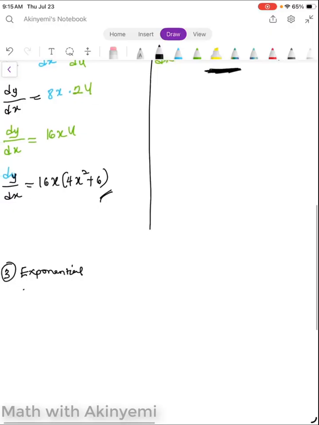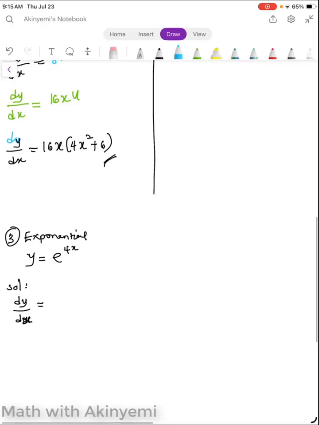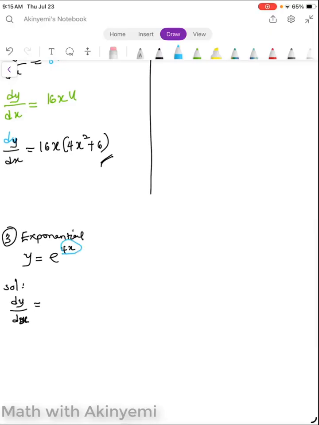So we have y equals e to the 4x. The solution to this, dy over dx, equals, we differentiate the exponent first, which gives us 4, multiplied by the whole original function, which is e to the 4x. So dy over dx will be 4e to the 4x, and that's it.